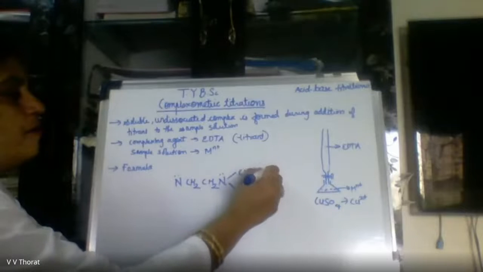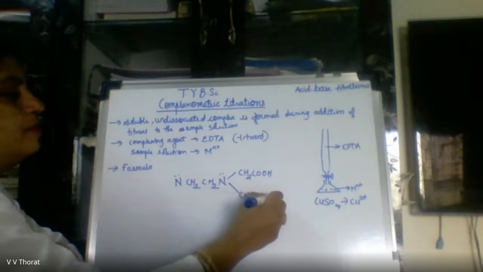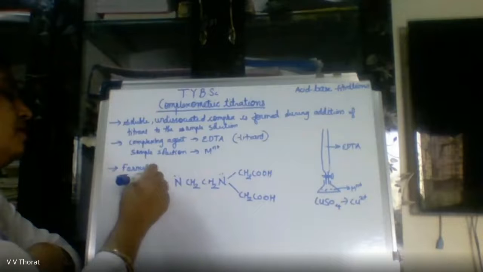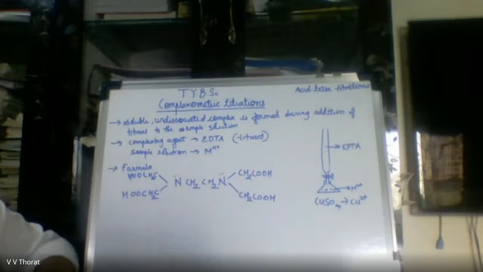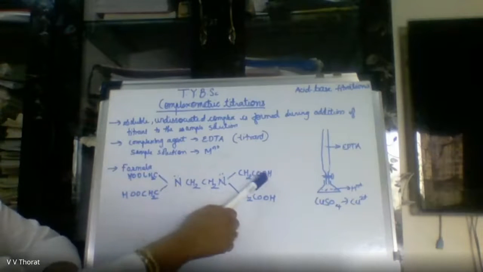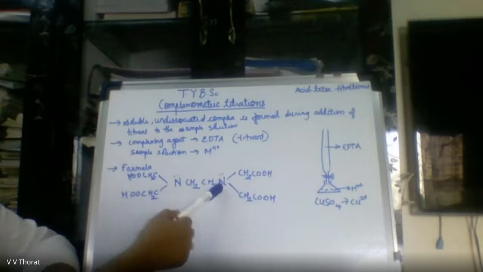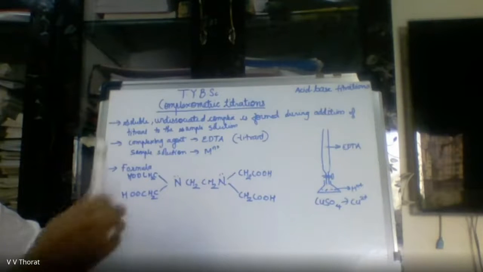Vaishnavi, tell me, what is the formula for acetic acid? CH3COOH. Very good. So the acetic acid formula is CH3COOH. When you remove one H+ from there, it gets attached to the amino group. So this is the full form of ethylene diamine tetraacetic acid.